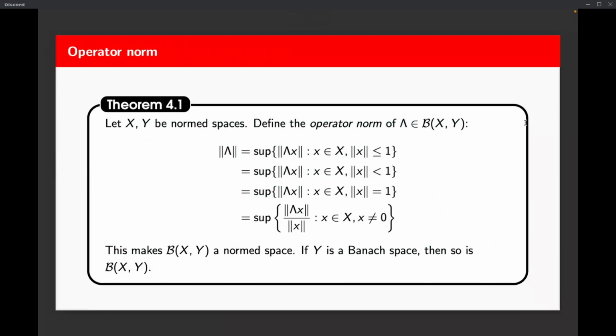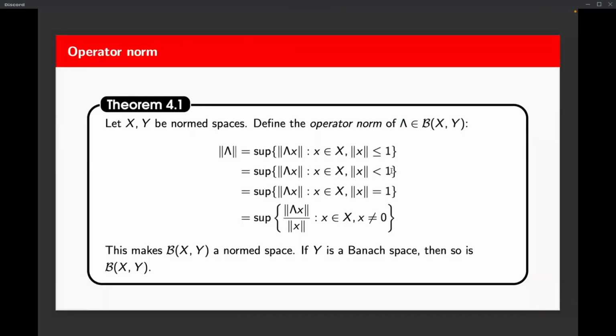Okay, so first theorem, this is where we define the operator norm. The first one is the definition that Rudin gives, so it's the supremum of the norms of the image points of the operator when you apply it to the closed unit ball in X. I wrote down several equivalents.